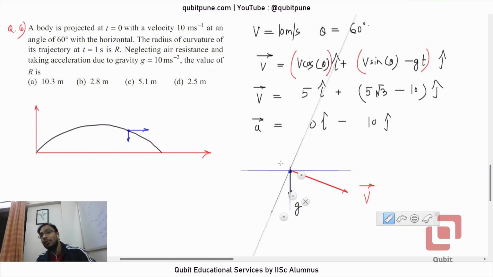Normal to what? Normal to velocity, or normal to trajectory. Why are we interested in finding it? Because we want to determine the radius of curvature. The formula is that the normal component of acceleration is v squared by radius of curvature, so radius of curvature is v squared by that.